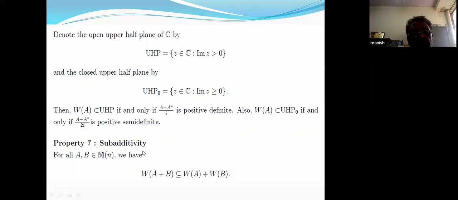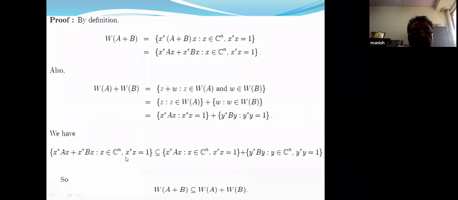Now sub-additivity. Next property: for all A, B belonging to Mn, we have the numerical range of A plus B is contained in the numerical range of A plus the numerical range of B. The numerical range of A plus B is the set x star AX plus x star BX, X a unit vector.